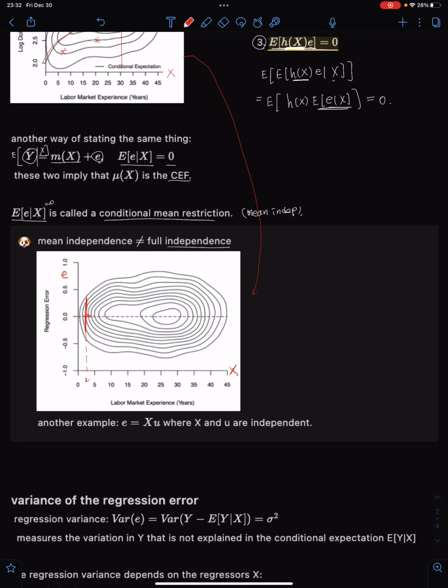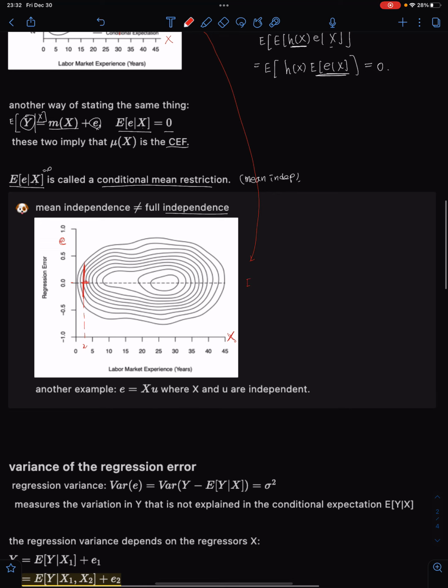So now, although the conditional expectation of e given x is 0, so that e and x are mean independent, by looking at these joint density functions or contours of the joint density, we can easily see that e and x are not independent, because if we condition on these values of x, then the density of e looks somewhat like this.